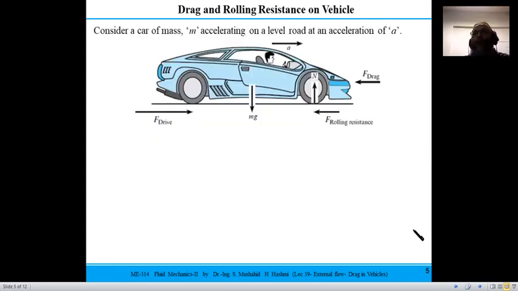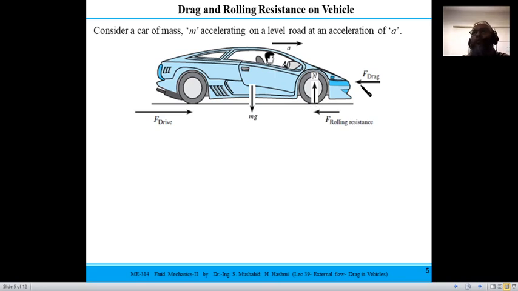If we look at a car having a mass m, which is accelerating with an acceleration a on a level road, the propulsive power, or the driving force, is the force which is required to propel the vehicle. If we just consider two types of forces, one is the rolling resistance, which is due to the contact friction between the tire and the road, and that rolling resistance depends upon the magnitude of the friction coefficient present between the road and the tire.